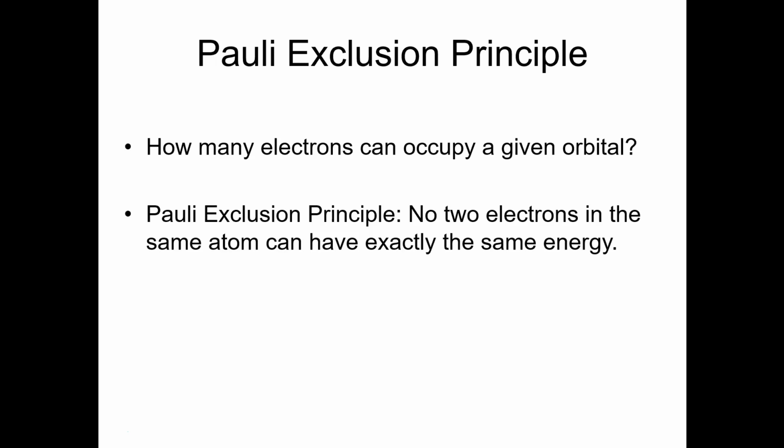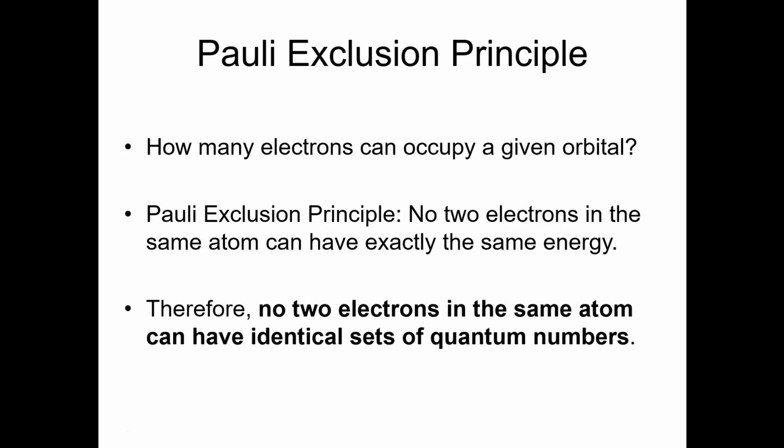What that means practically is that no 2 electrons in the same atom can have the same set of quantum numbers. In other words, if I've got an electron with a particular set of quantum numbers and I put another electron into that atom, that electron must have a different set of quantum numbers. I haven't actually gotten to the fact that there's a 4th one yet. I gave the game away there.